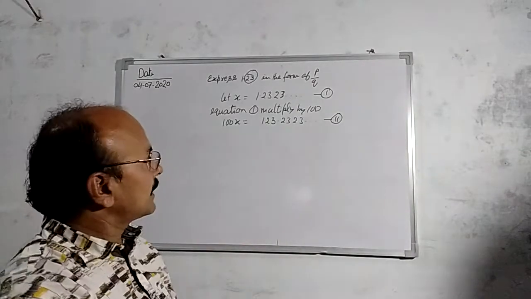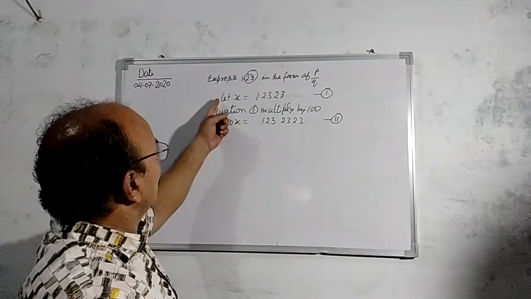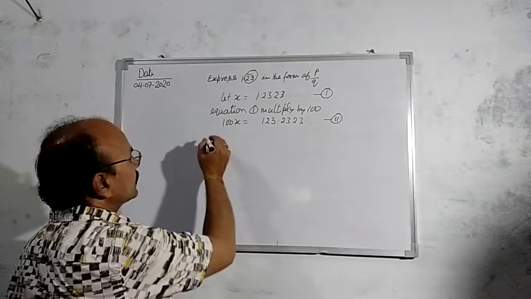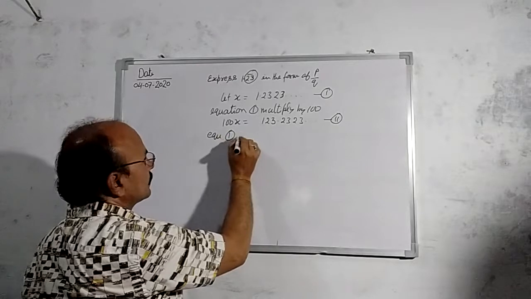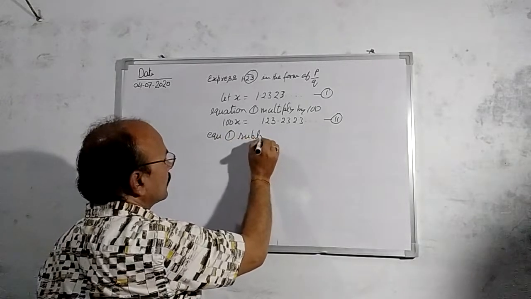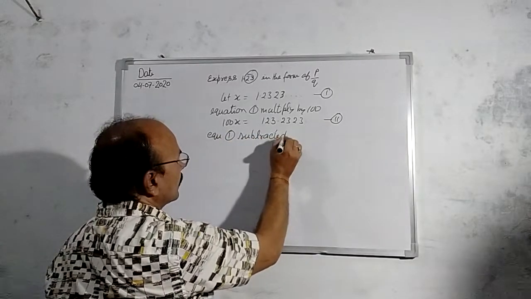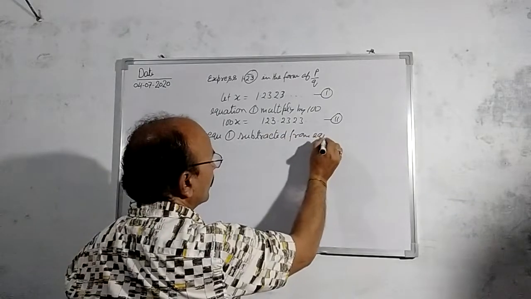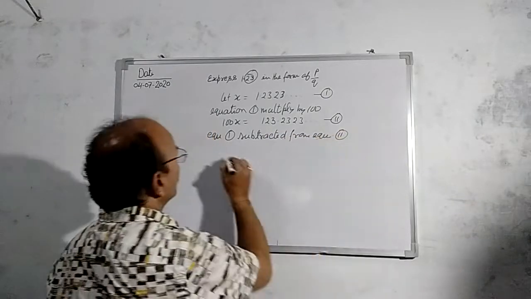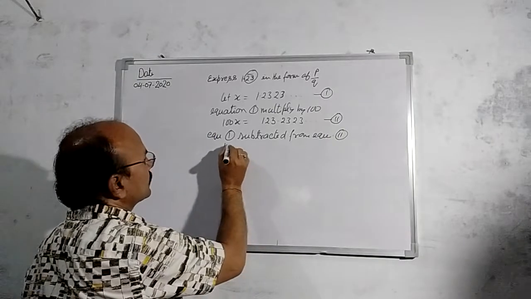And now in the next step we subtract equation 1 from equation 2. So write down equation 2 first.